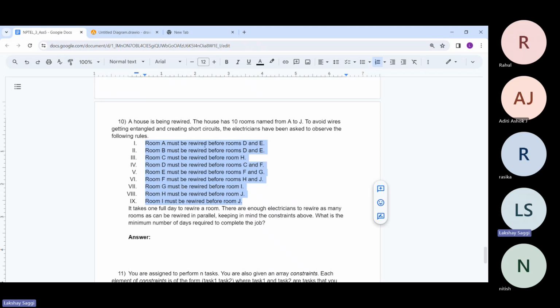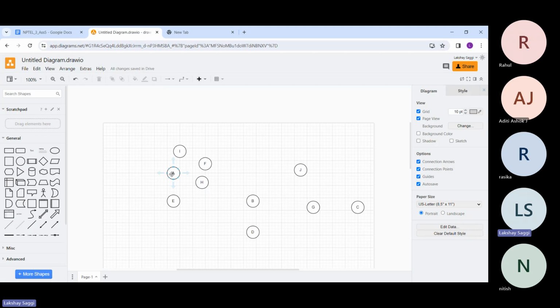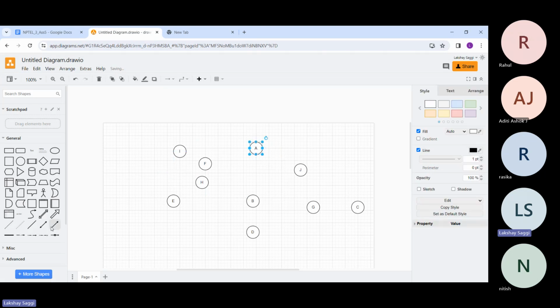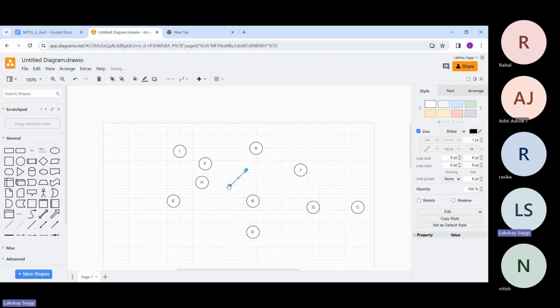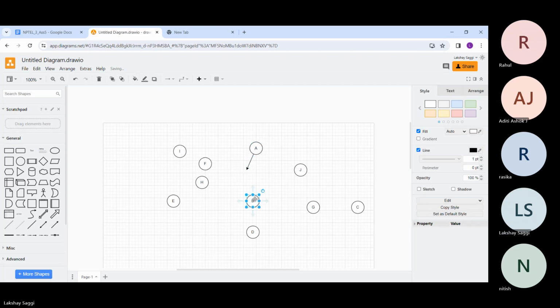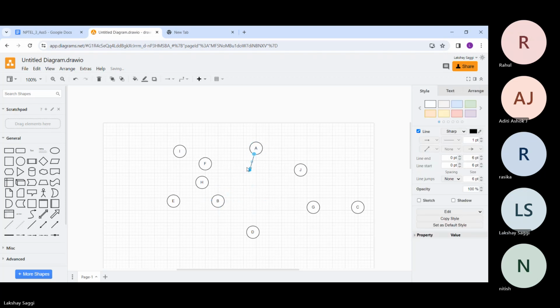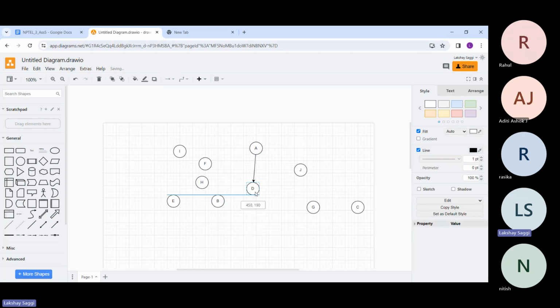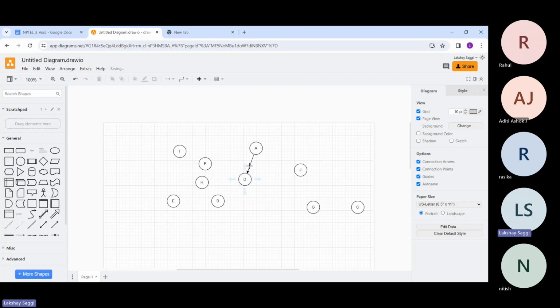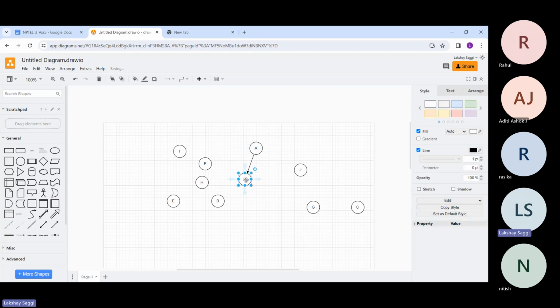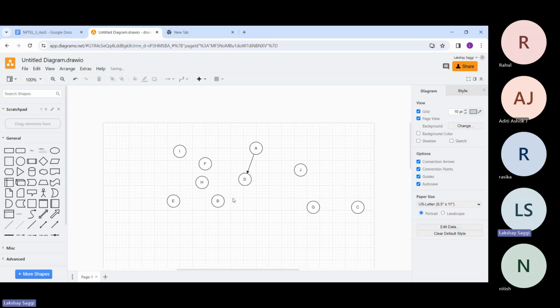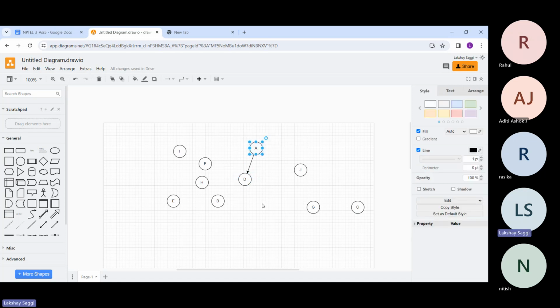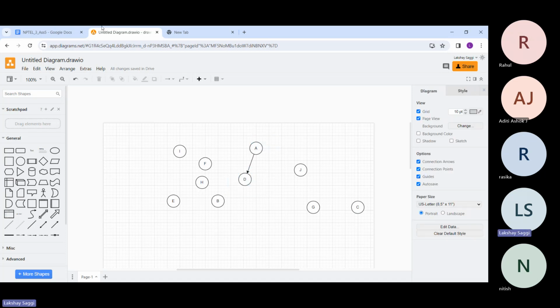So room A must be rewired before rooms D and E. So I take room A and add an arrow to D. And this directed arrow from A to D means that A must be rewired before D. So this is my notation. And similarly, A must also be rewired before E.